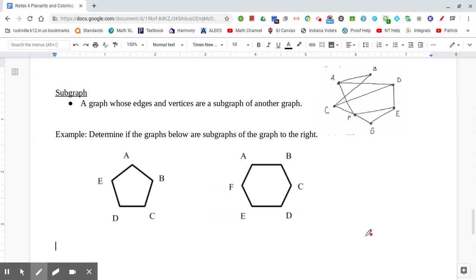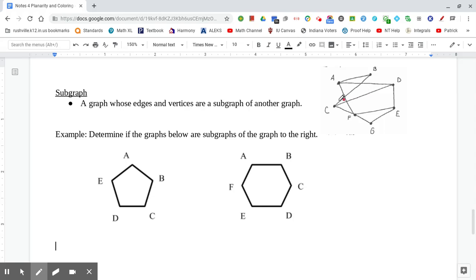All right, the last topic that we're going to do today is called a subgraph. The prefix sub means a graph within another graph. Here we have an original graph, and we're going to determine if this graph can be found in this one. So don't go by looks. This one looks very clearly like a regular pentagon, and nowhere in here do I see a regular pentagon.